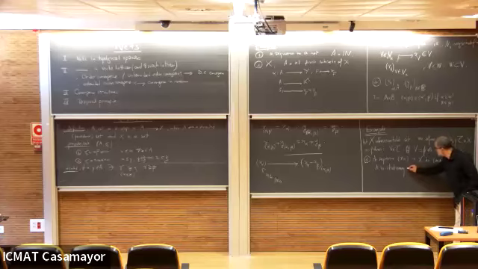This means that there exists some n0 such that x_n equals x_n0 for all n greater or equal than n0.